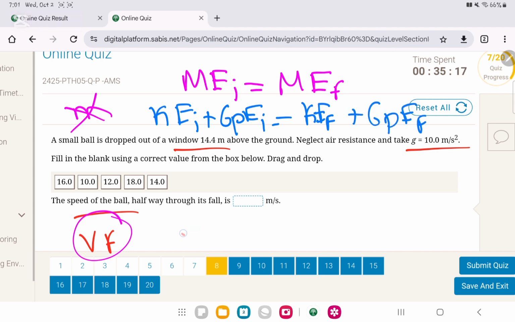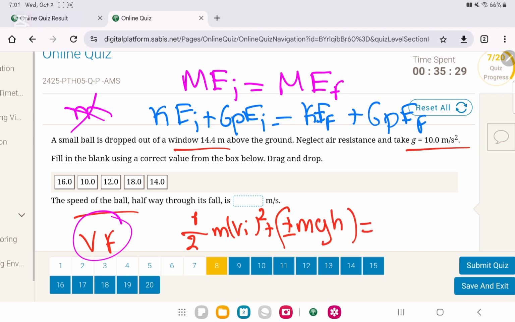If we expand it, it's 1/2 m v initial squared plus or minus mgh initial, equal to 1/2 m v final squared plus or minus mgh final. First of all, look at this equation.